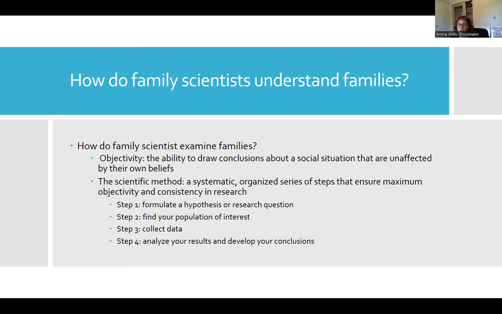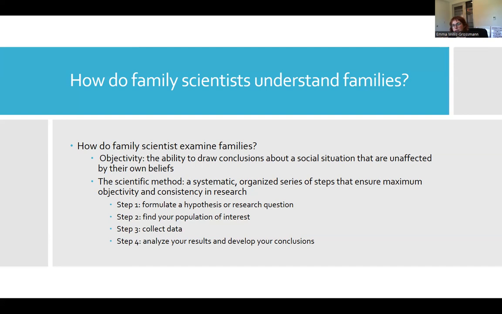So for example, although I would really love to study unmarried fathers using a random sample, this particular population of interest is hard to track down, and they rarely participate in research at all. So as a result, I have to use what's called non-probability sampling. And that would require me to kind of take any unmarried fathers that are interested in participating in my study.